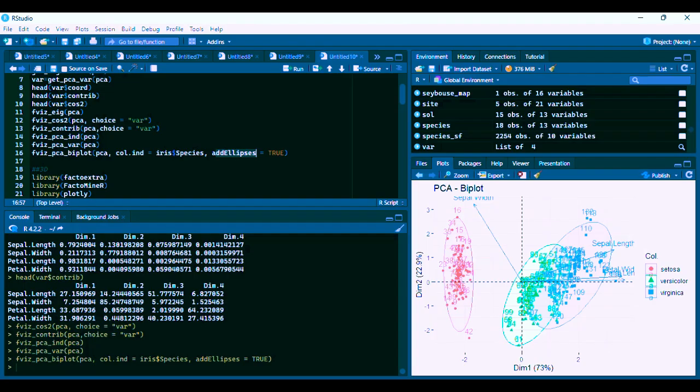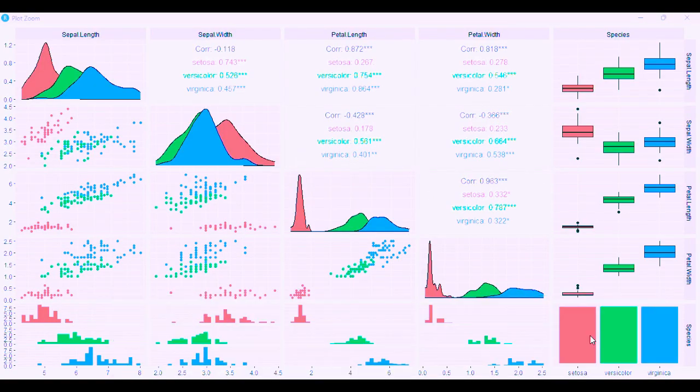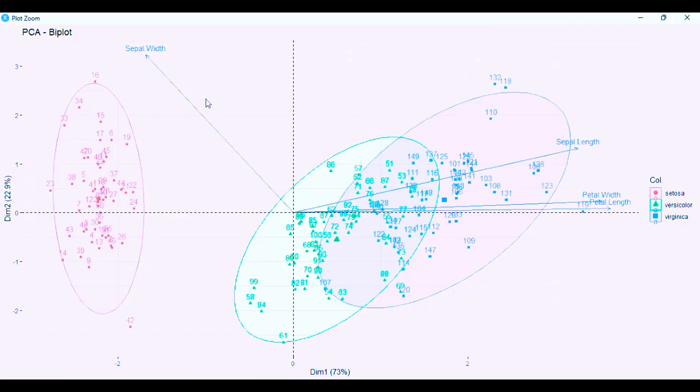So in this 2D PCA, we have points, in red, green, and blue, that represent individuals. In our case, flowers. In another case, points can refer to sites, samples, or observations.